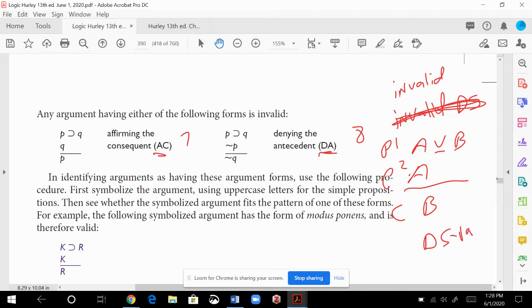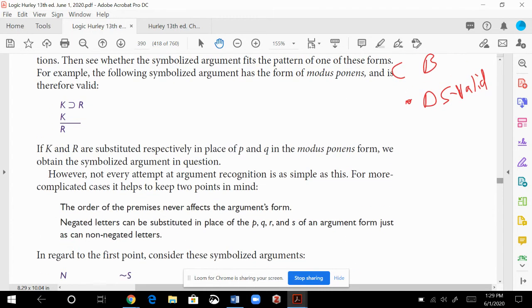The disjunctive syllogism itself is valid. And if you have something that looks like it, it's just not. Okay? So you can't combine those two terms. You can't say DS invalid. It's either DS valid or invalid all on its own. But a lot of students say something like this because it looks like the disjunctive syllogism. All right, so that's it for that.